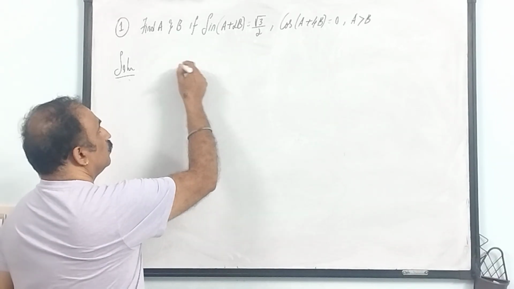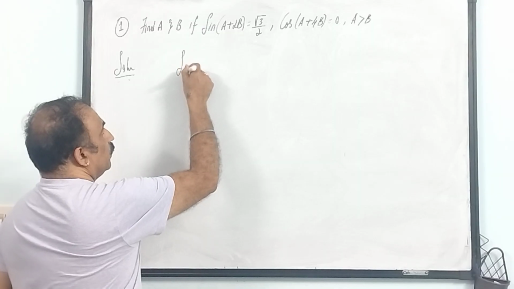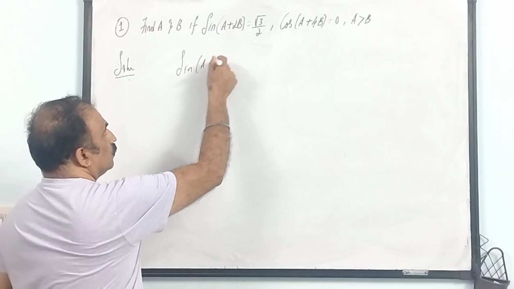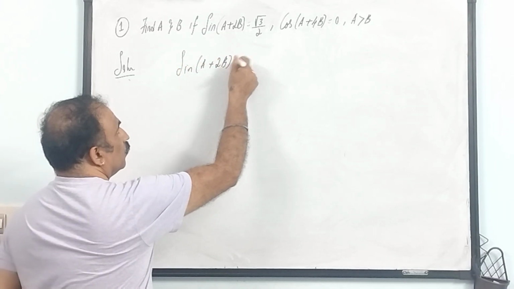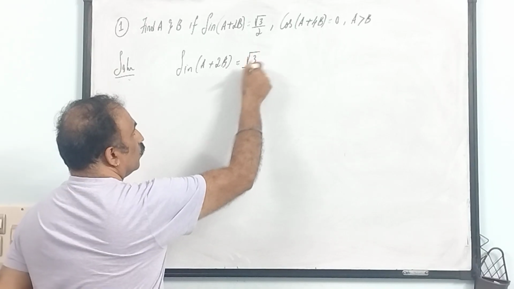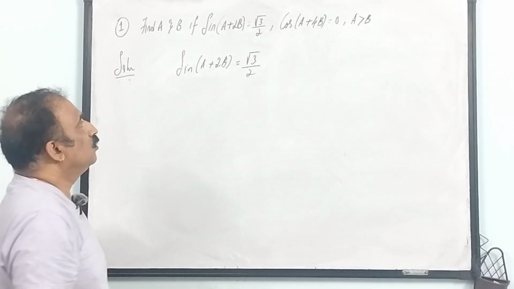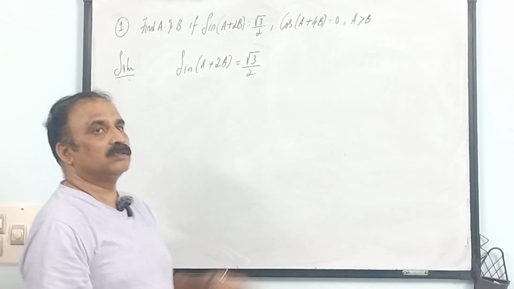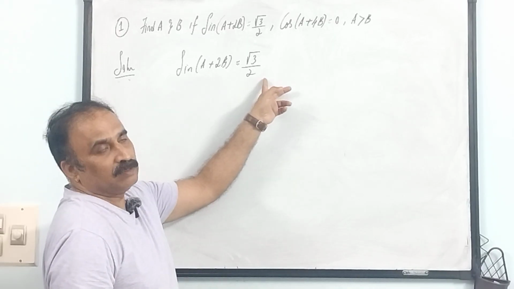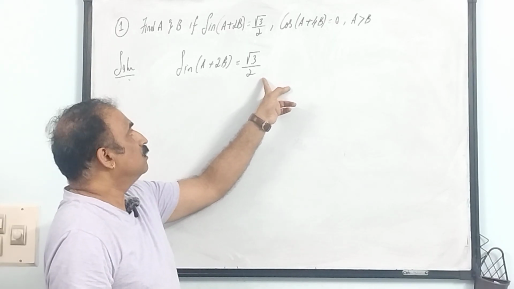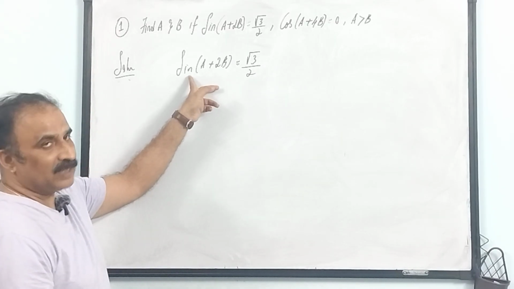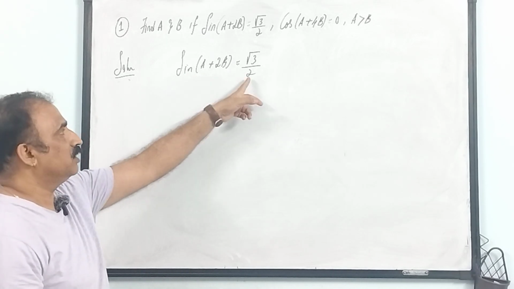I'll take up the first condition that is given here. Sine of A plus 2B equals root 3 by 2. Now if you have to equate LHS and RHS, both have to be under the same function. If you take up standard angles, root 3 by 2 in terms of sine is sine 60 degrees.